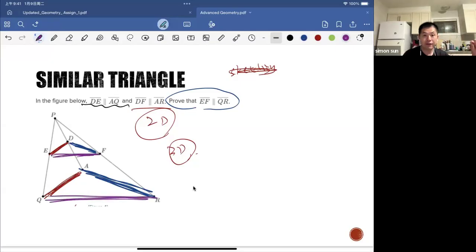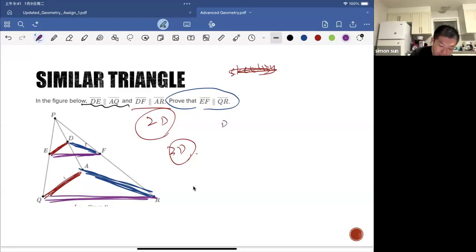If the red and the blue lines are already parallel, we should also prove that the two purple lines are still parallel.